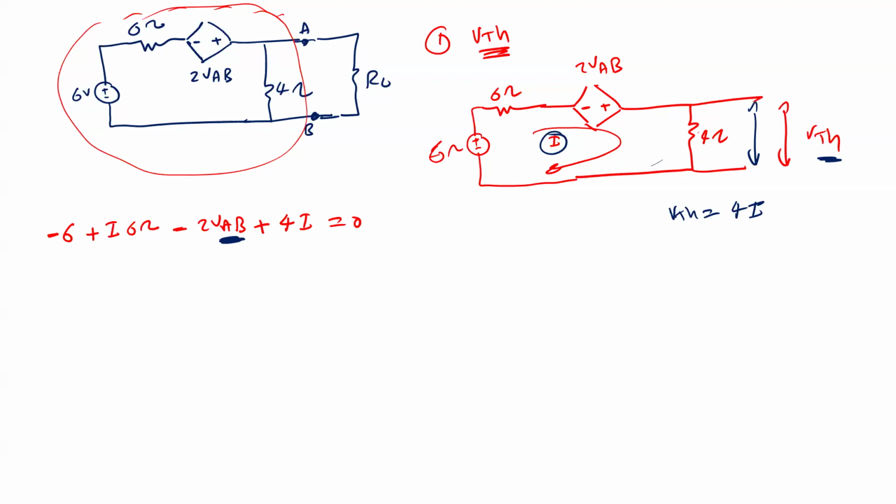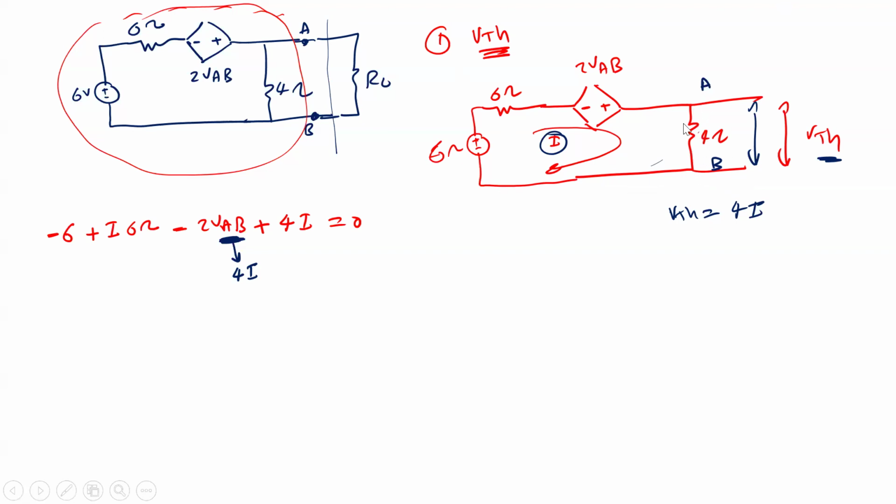This is point A and this is point B. Once I open here, this is VAB between A and B. So VAB is actually VThevenin. It's actually the voltage drop across the 4 ohm, so it is 4 times I. So VAB equals I times 4.